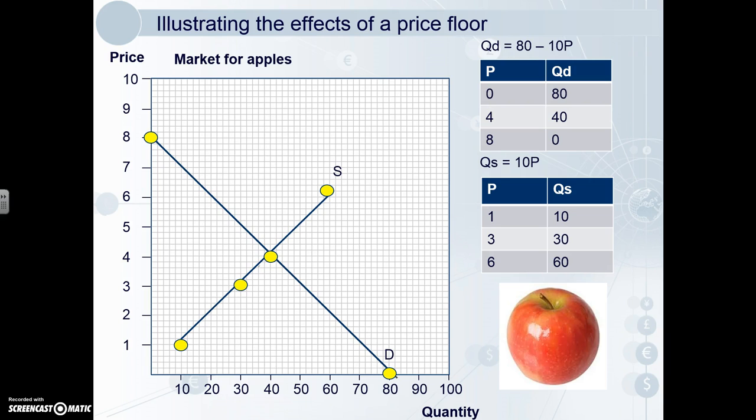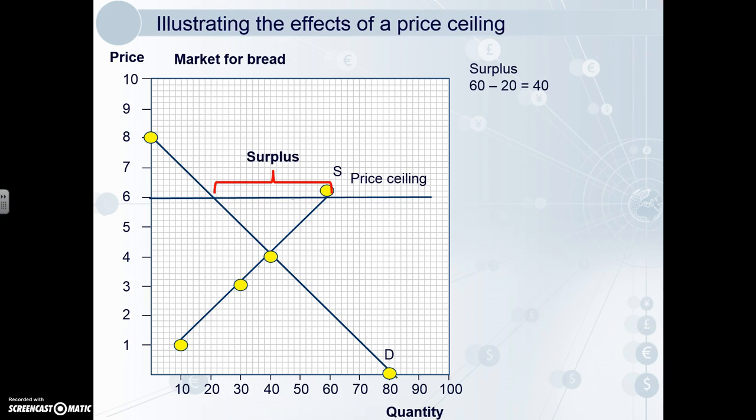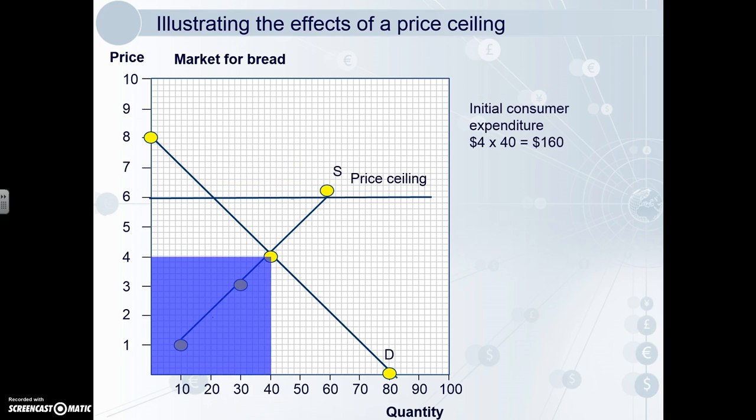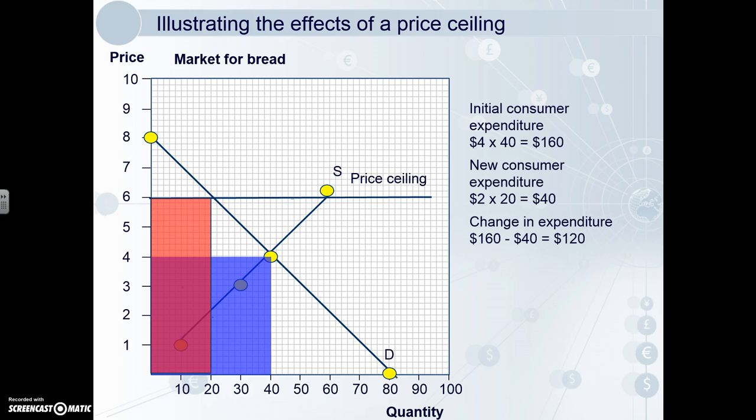Illustrating the price floor, we just place in the horizontal line at $6, and from here we can read off the information we need to make our calculations. So we'll look at those. We need to be able to read off the surplus, initial consumer expenditure, equilibrium price, equilibrium quantity, new consumer expenditure, the change in consumer expenditure, you can see, just do the simple maths.